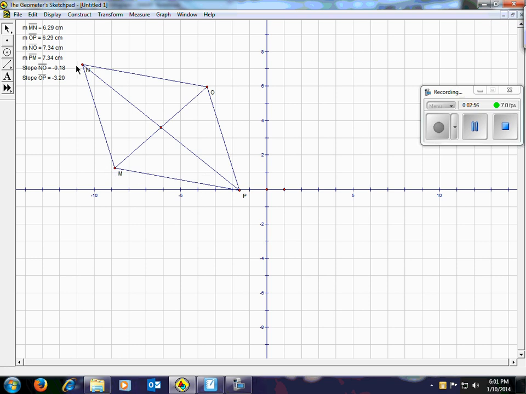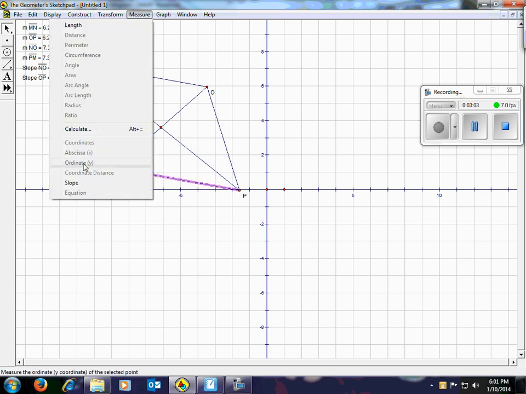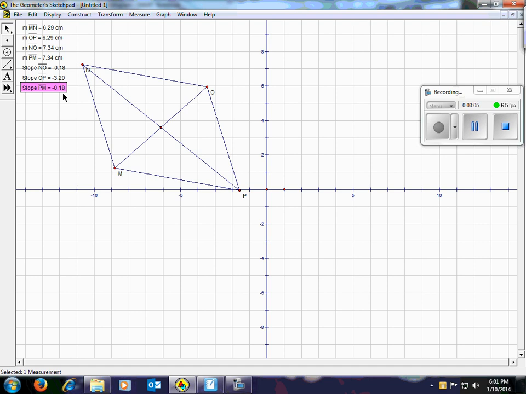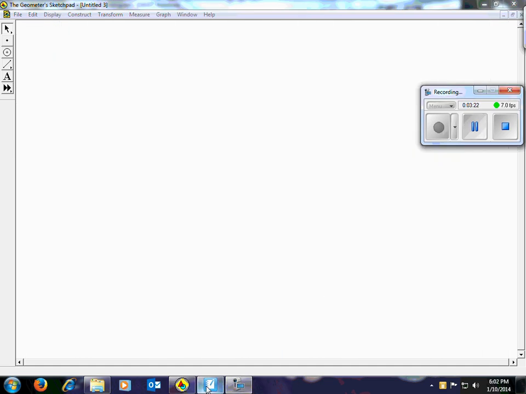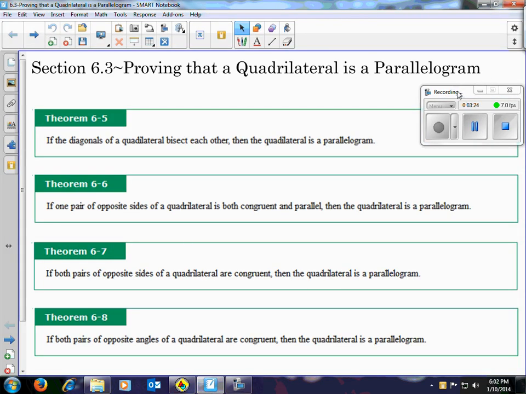Then we have the slope of NO, which is negative 0.18, which should be the same as the slope of MP, which is true, and OP has the slope of negative 3.2, which is the slope of NM. So there you have it. The theorem has been proven using Geometry Sketchpad. Okay, let's go back to the PowerPoint or the notebook.